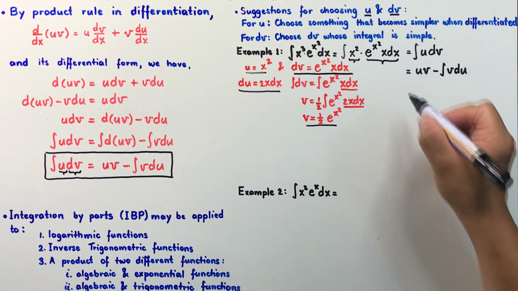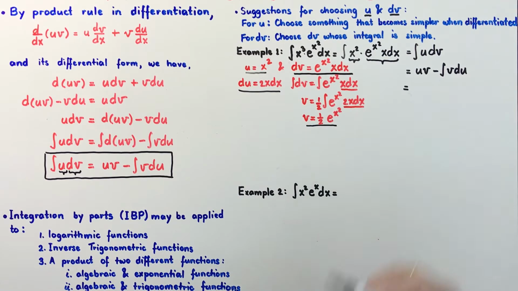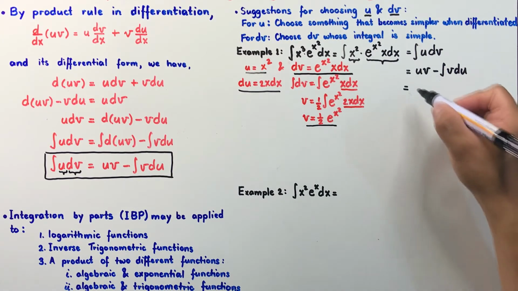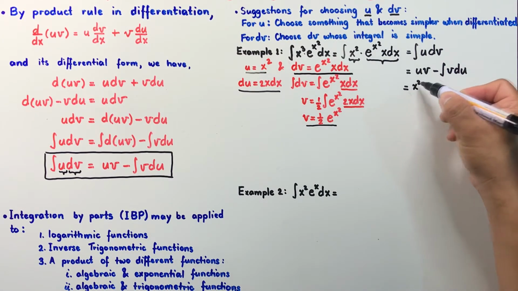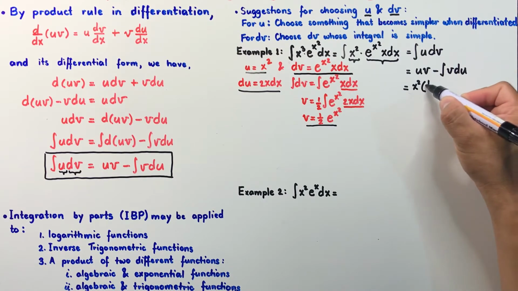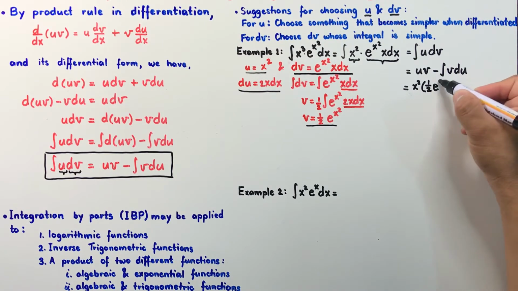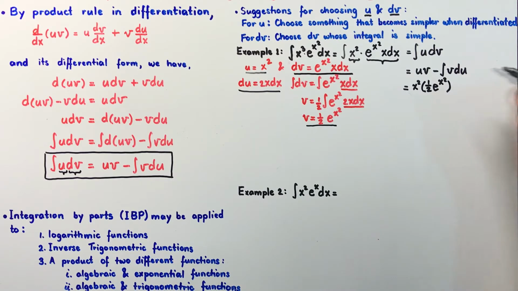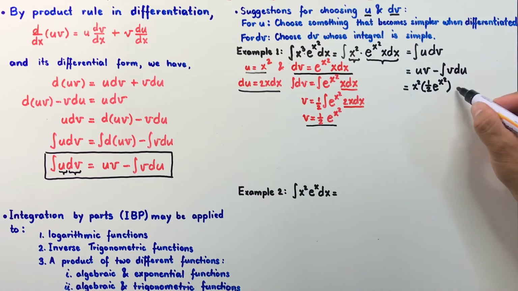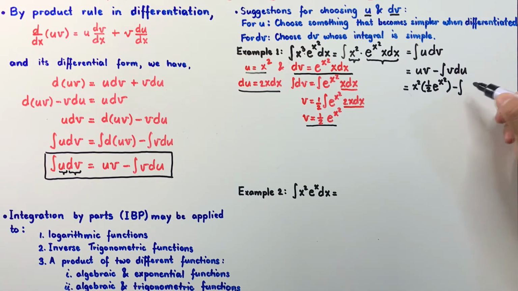So applying the formula, we have uv minus the integral of v du. And we know already what is our u. Our u is x squared, and our v is 1/2 e to the power x squared. And this will be subtracted by the integral of v, which is 1/2 of e to the power x squared times the du, which is 2x dx.